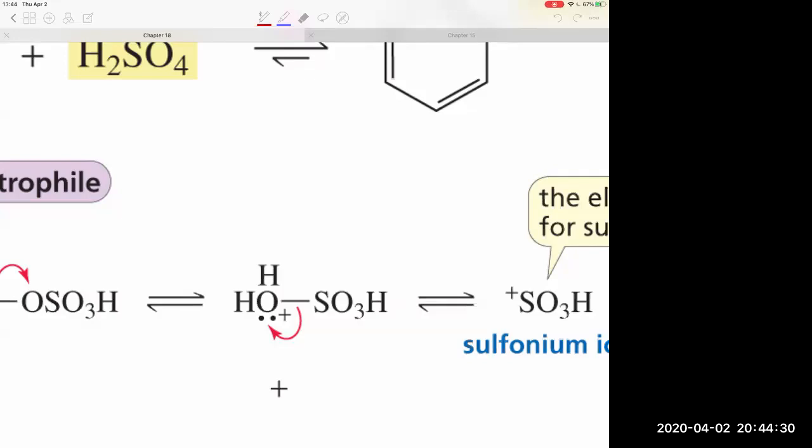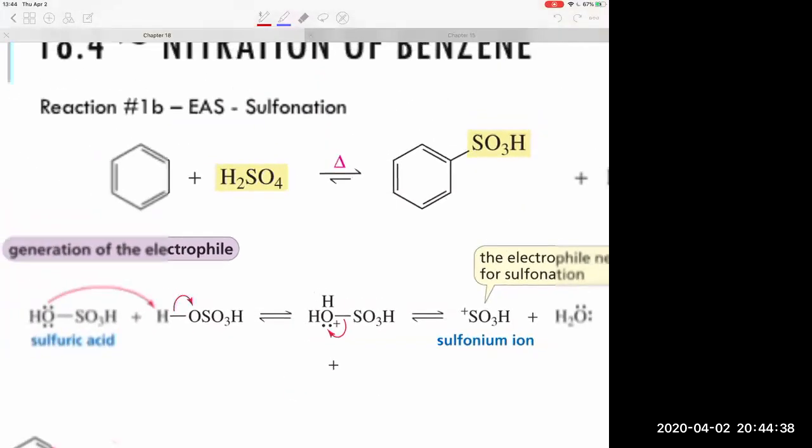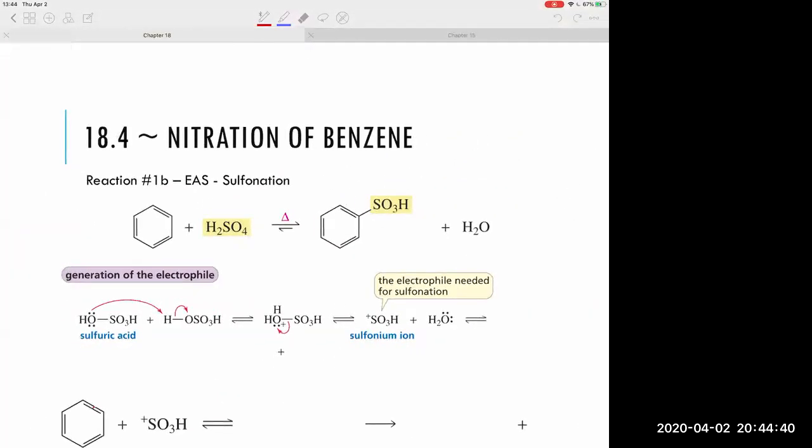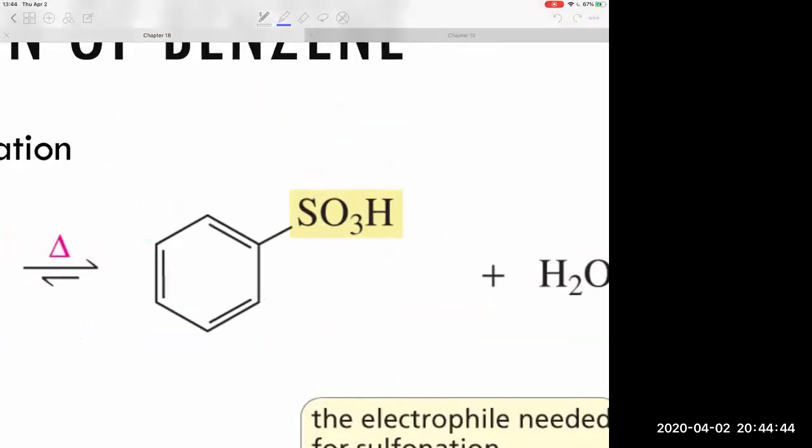Does that make sense? Yeah, well, I just tried to draw a Lewis structure of sulfonium. That's a good point. Let's just look at what exactly this looks like here. You're going to see it as SO3H, but let's just draw exactly what that's going to look like.